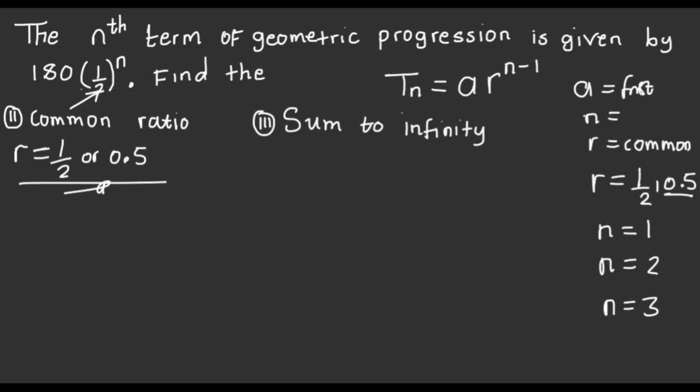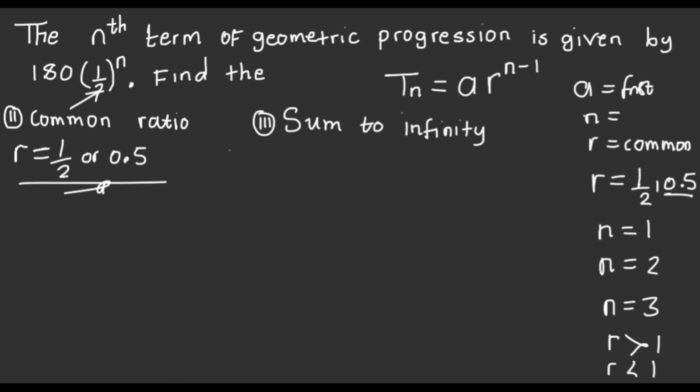Now we move on to question 3, where we want to find the sum to infinity. For us to use the formula, first we need to identify if the common ratio is greater than 1 or less than 1. Since it's a fraction, or whenever you have a 0 point something, the common ratio is less than 1.